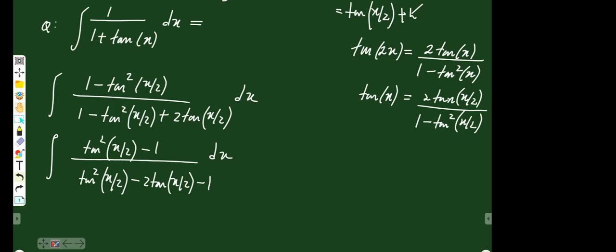Or alternately, you could try and times the numerator and denominator by cos x, and after some more simplification, I got to the same problem where I didn't know how to integrate sec 2x.